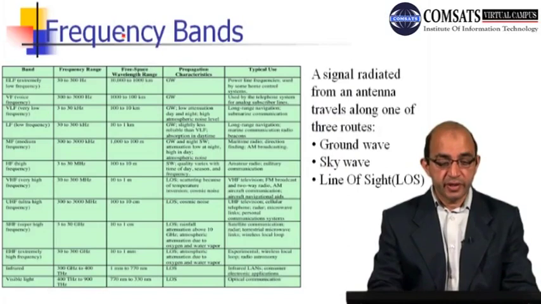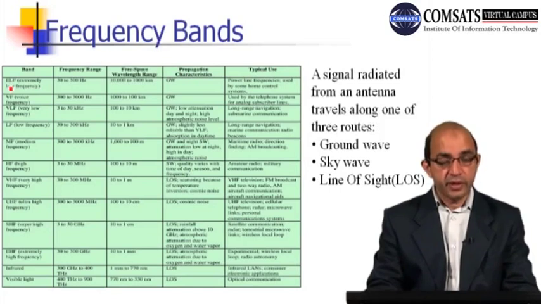So here we have the whole story. We have mentioned different frequency bands, the ranges of frequencies, the wavelength range, and the propagation characteristics used for those different frequency bands and their uses, right?